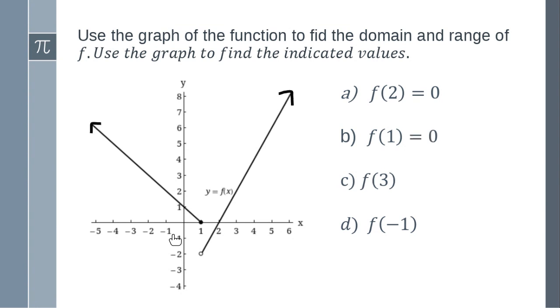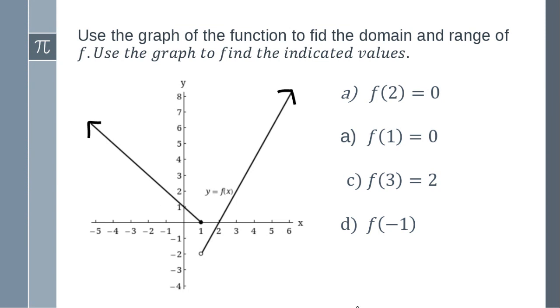Okay, what about at x equals 3? So here's 3, positive 3. So I go up to where the graph is, and it looks like that's a positive 2. We're at 3. So I would say that would be 2. Okay, and then the last one, what is my y value when my x value is negative 1? So I go to the negative 1, go up to where my graph is, and I'm going to say that's about 2.